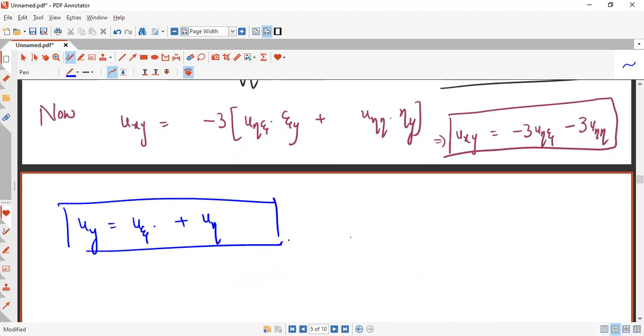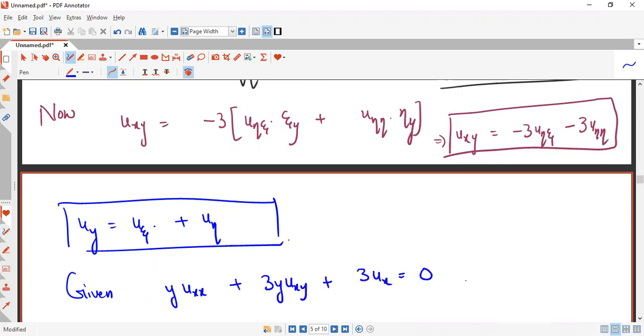Now substitute these three values in the given equation. Given equation is what? y uxx plus 3y uxy plus 3 ux equals 0. The y is not equal to 0, right?